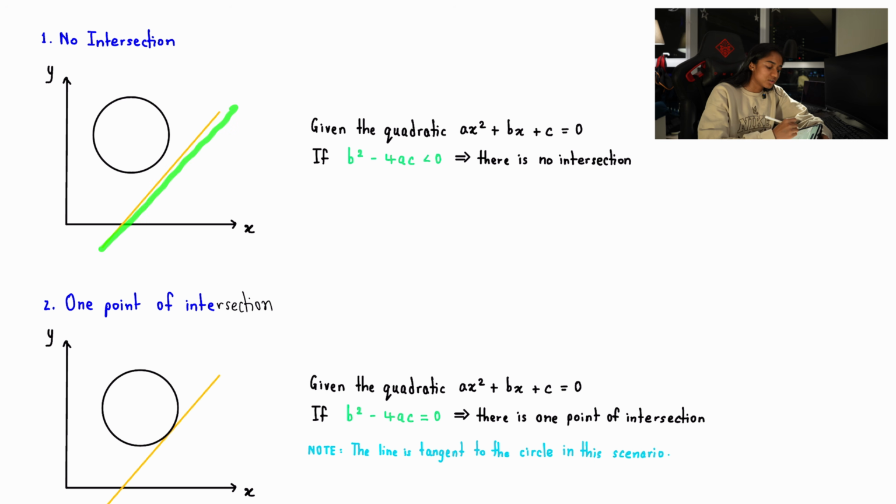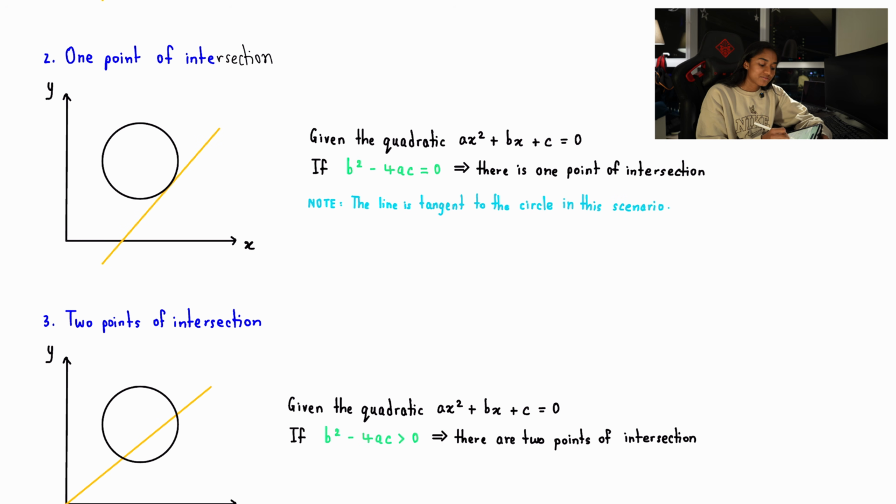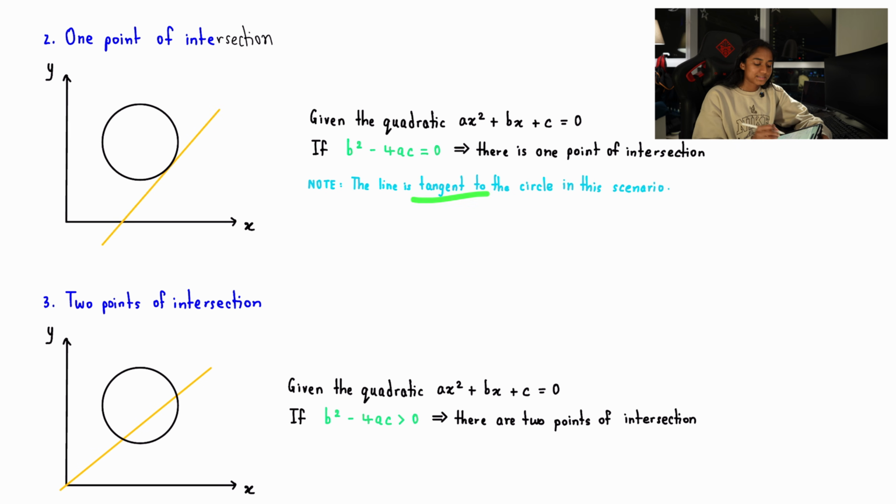So this line will not touch this circle at any point. However, if b squared minus 4ac is equal to 0, there is 1 point of intersection. So it passes through at just 1 point on that circle. It could be anywhere on that circle. We don't know exactly, but it will be at 1 point. Of course, this line will be tangent to the circle in that particular scenario.